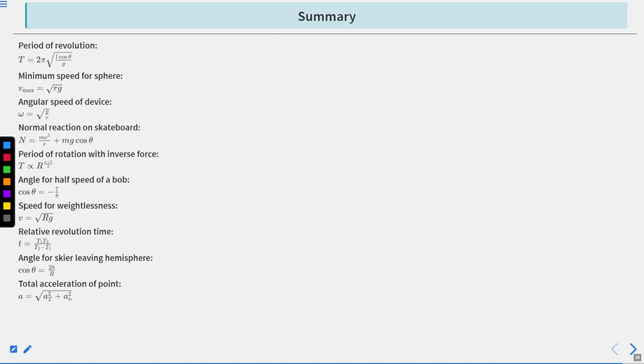The major important formulas we learned in today's lecture while solving the questions are: period of revolution T equals 2 pi under root L cos theta divided by g, minimum speed of sphere, angular speed of the device, normal reaction on skateboard, period of rotation with inverse force, angle of half speed of a bob, speed for weightlessness, relative revolution time, angle for leaving the hemisphere cos theta equals 2h by r, and total acceleration of the point.